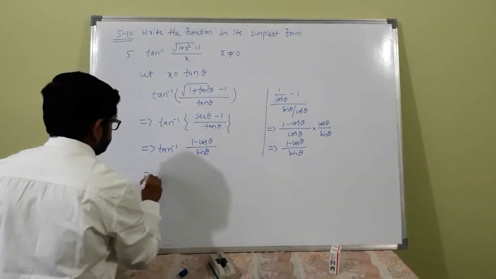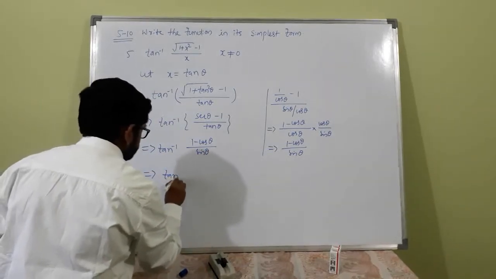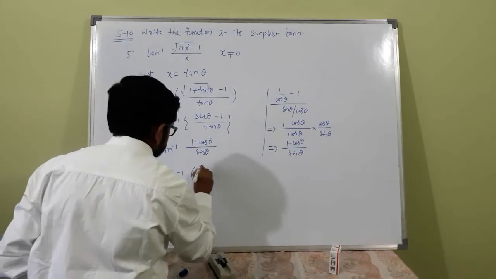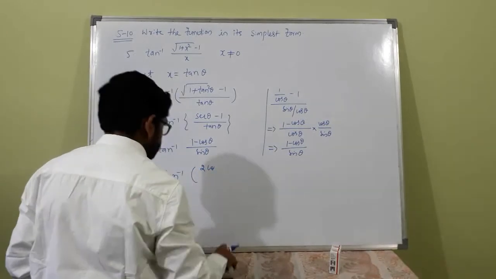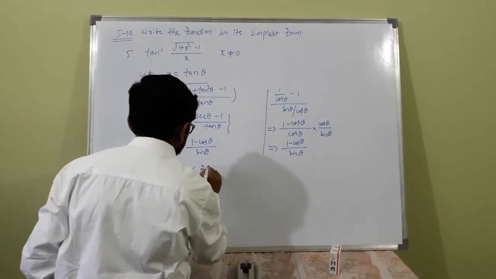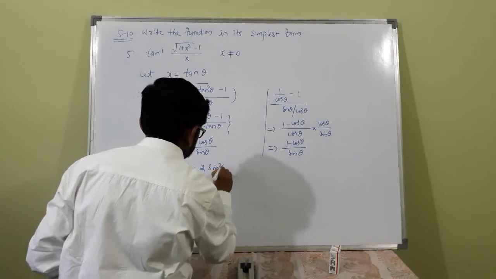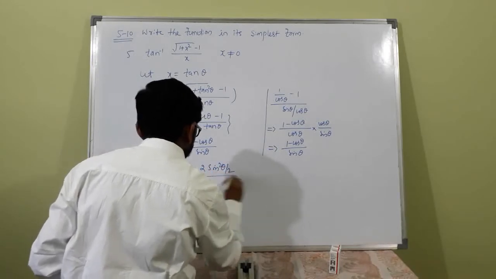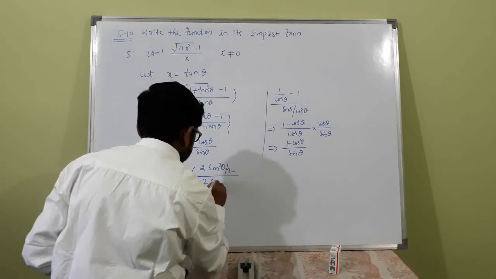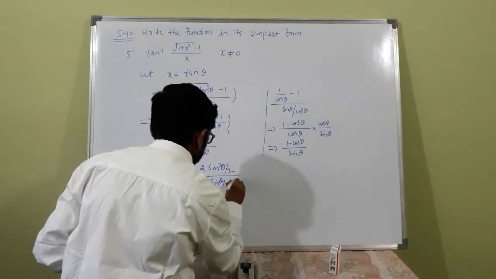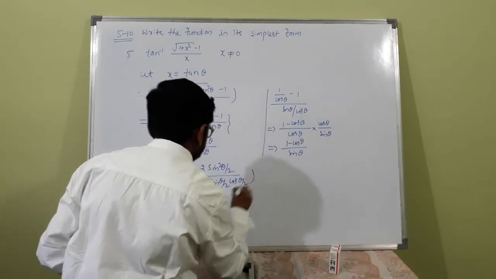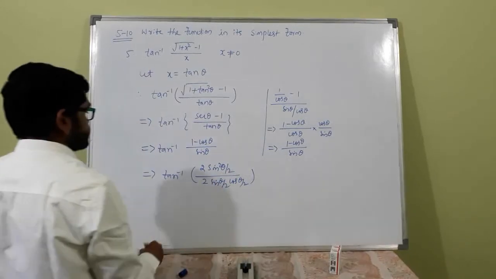So what is this? Tan inverse of, 1 minus cos theta is 2 sin squared theta by 2, and sin theta is 2 sin theta by 2 cos theta by 2. Sin theta by 2 gets cancelled.